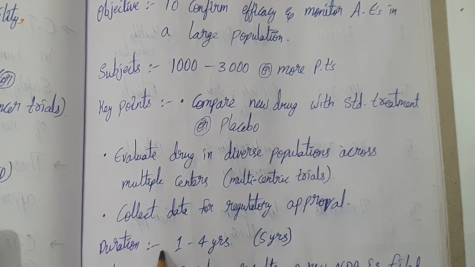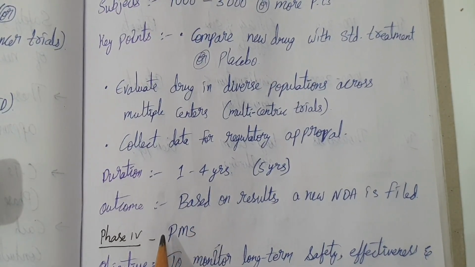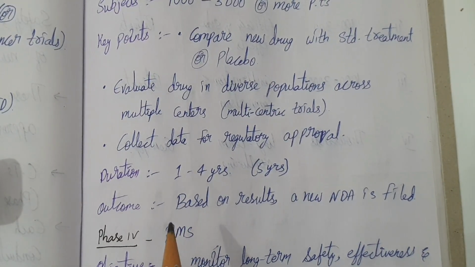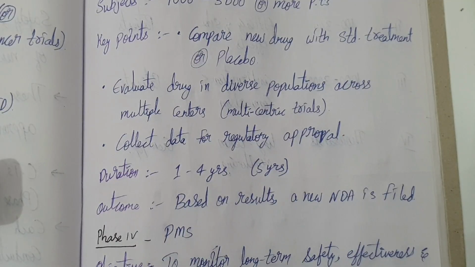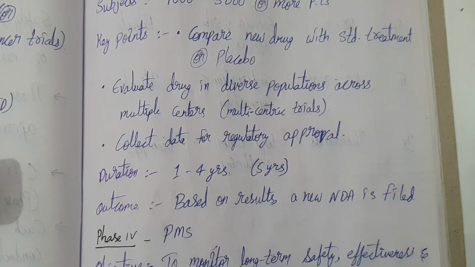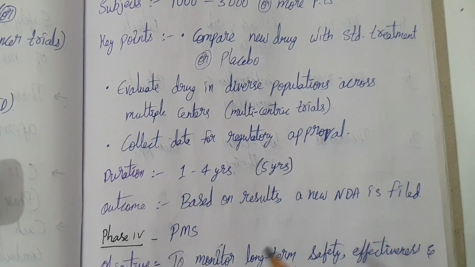The duration of phase 3 is 1 to 4 years, and if the drug is a good candidate to treat the disease, we can file an NDA, new drug application, to the regulatory authorities.